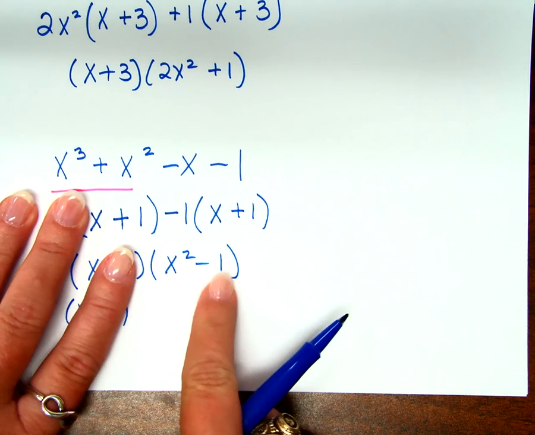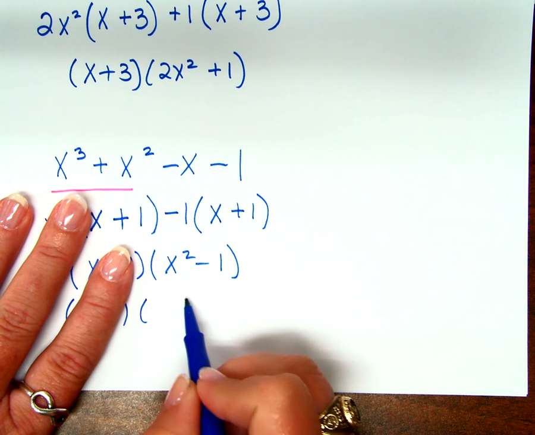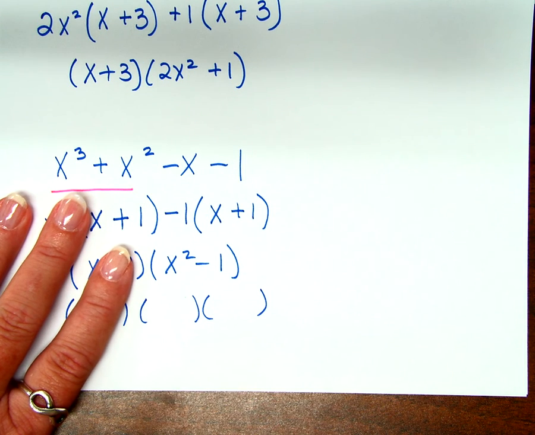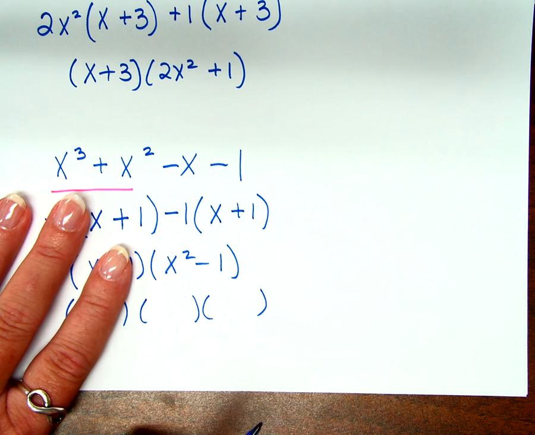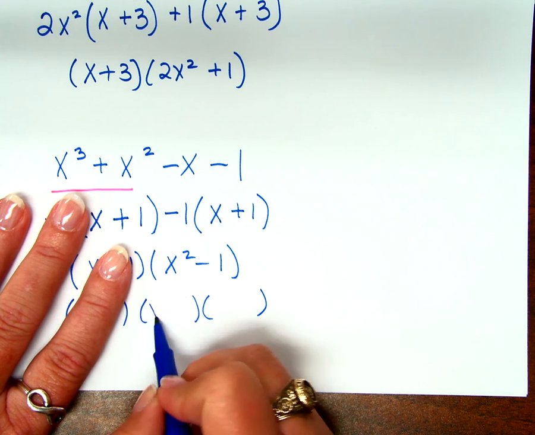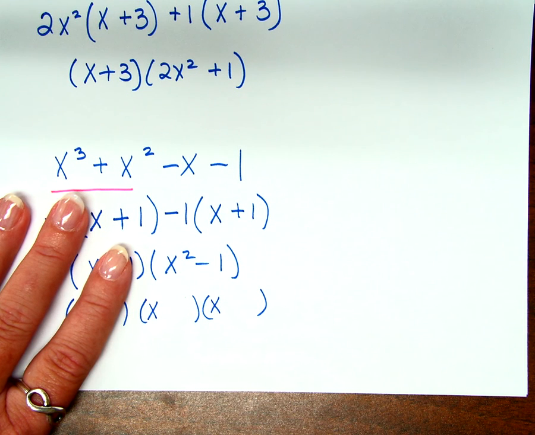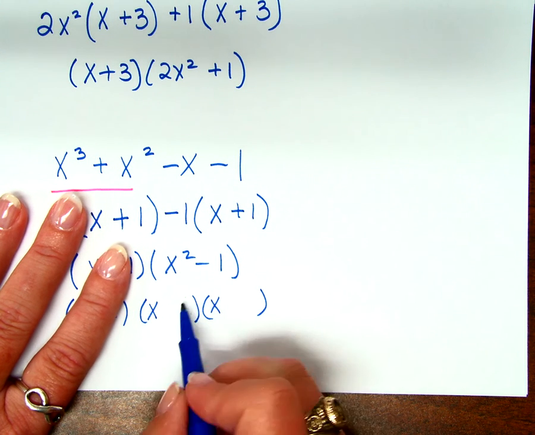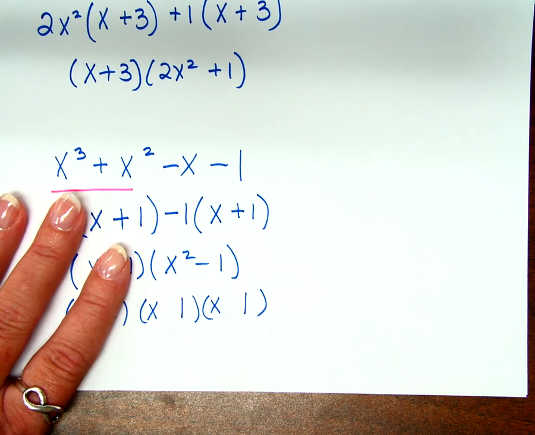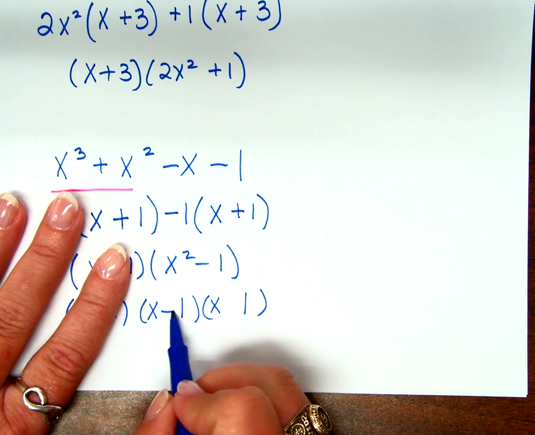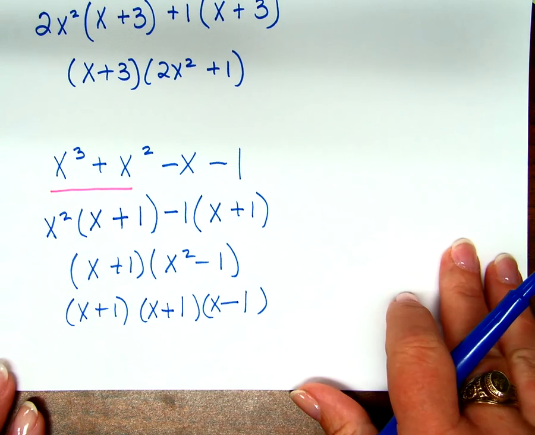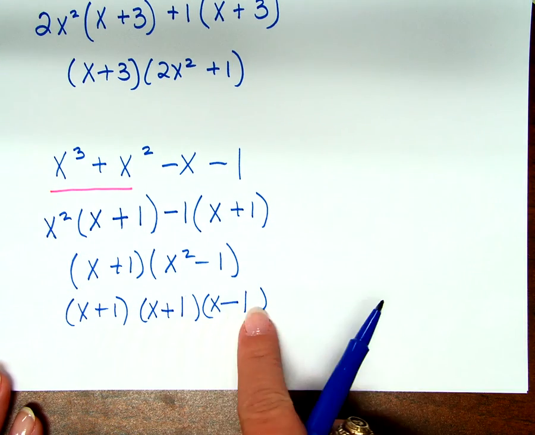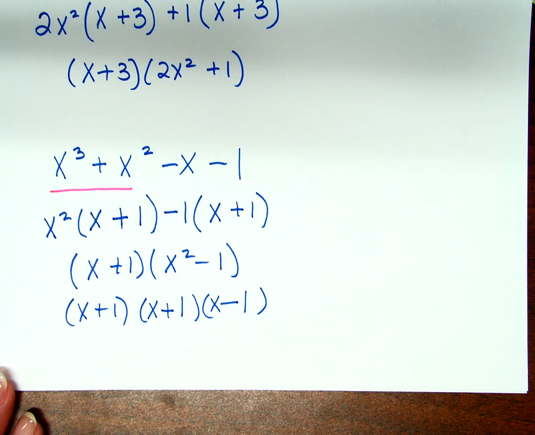How do I factor the difference of squares? 2 binomials. What goes at the front of each binomial? An x. What goes at the back of each binomial? The square root of 1, which is what? 1. And what can you tell me about the signs? They are opposite. That is now completely factored.